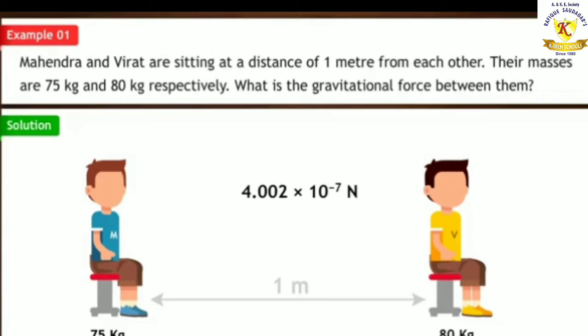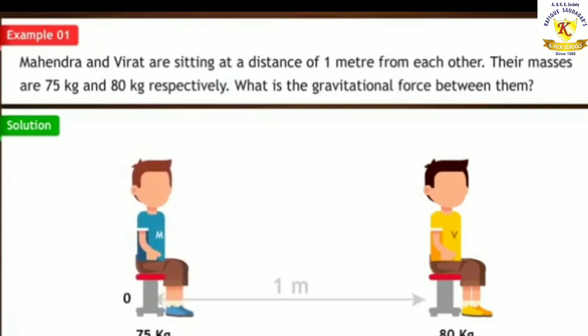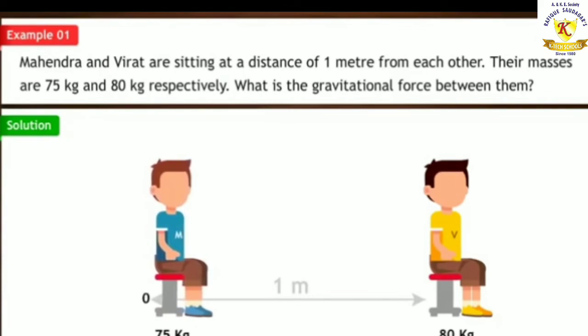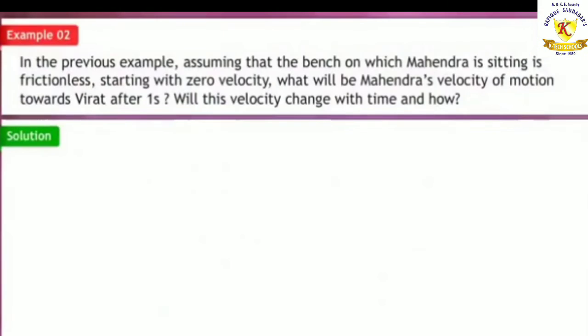If the force of friction between Mahendra and the bench on which he is sitting is 0, then he will start moving towards Virat under the action of this force. We can calculate his acceleration and velocity by using Newton's law of motion.